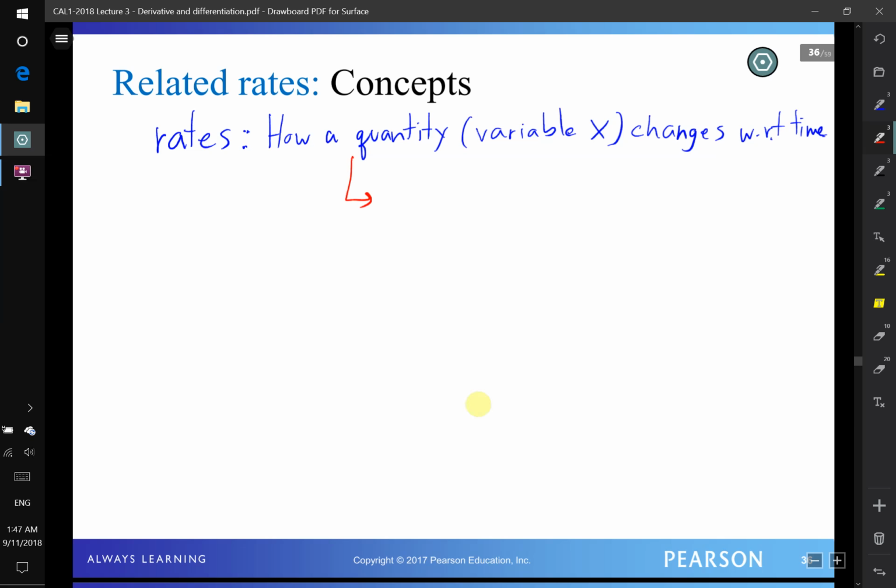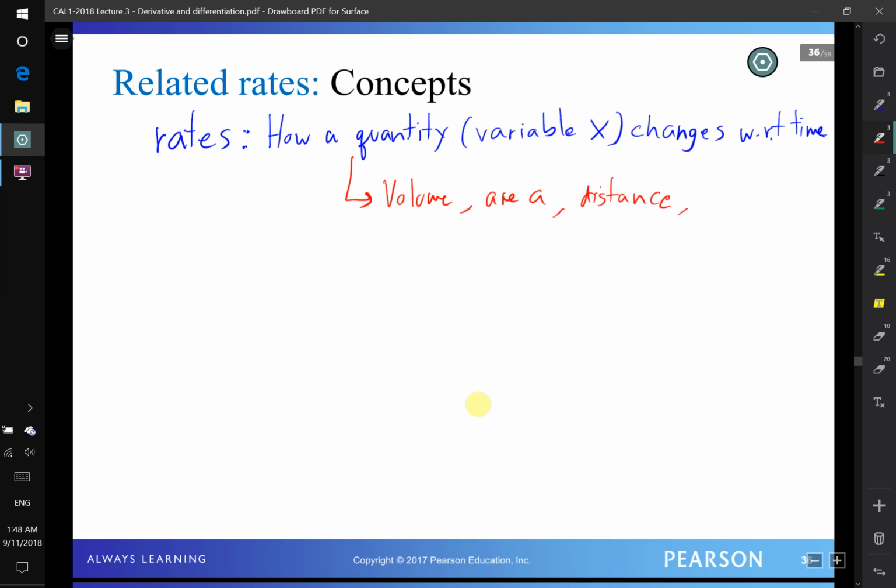For example, volume of water in a tank, volume. Or it can be area of a surface of the balloon, or the area of any certain shape that you want to study. It can be distance between two objects, distance between an airplane and an observer on the ground.